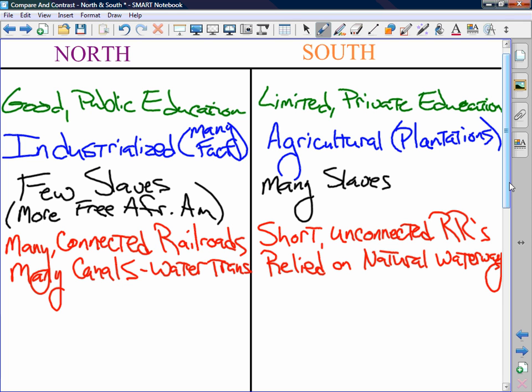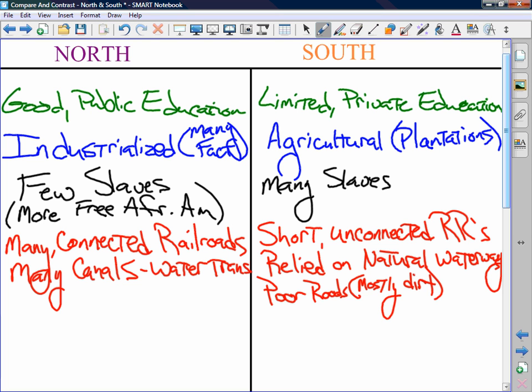Nobody can say anything about the roads? Okay, so the southern roads were very poor. They're poor roads, mostly dirt. And a very poor network of roads.